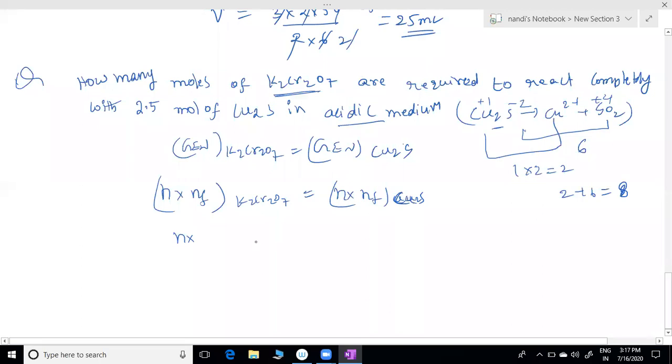For Cu2S, given 2.5 into n factor, how much? Then what n are we getting? 3.3. Answers.